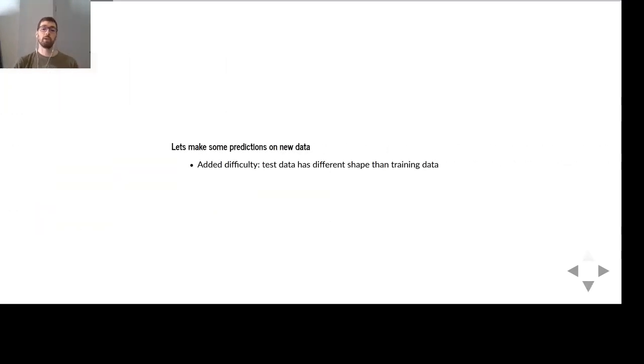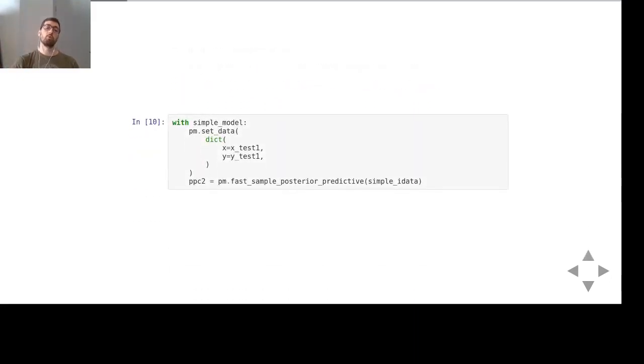So now let's make some predictions on the new data. The other difficulty, as I said before, is that the new data will have a different shape than the training data. So how do we change the values between the train and the test data?